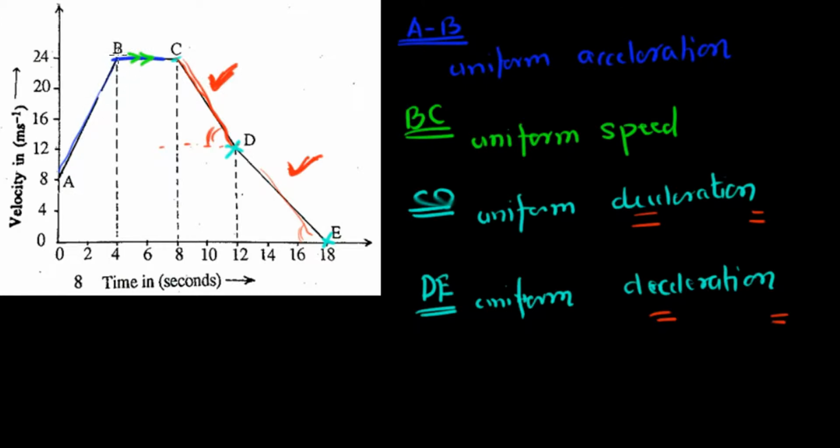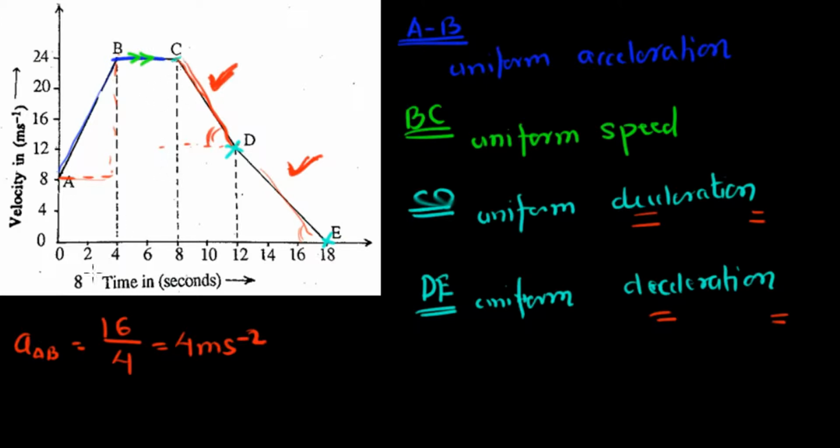From A to B, the value of acceleration can be calculated using the rise over run. So acceleration from A to B happens to be 16 over 4, that's the run, and that's 4 meters per second squared, because it's acceleration.